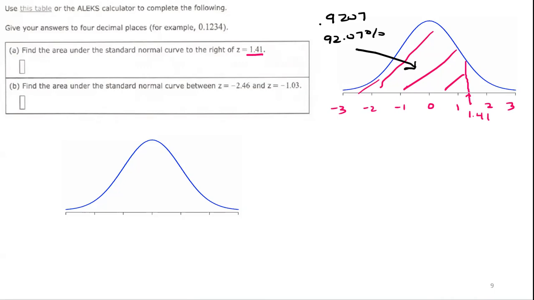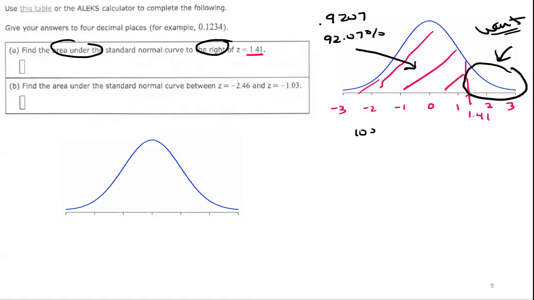No. Why? Well, because it says we want to find the area under the curve to the right of z equal to 1.41. So it wants this area right here. This is what it wants, this information here to the right. Okay. So again, what we can do is we know the whole thing is 100%, so we can just do 100 minus 92.07%, which gives us 7.93%.